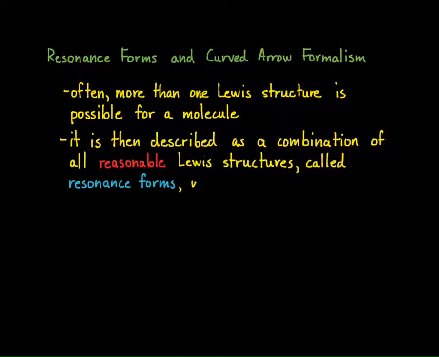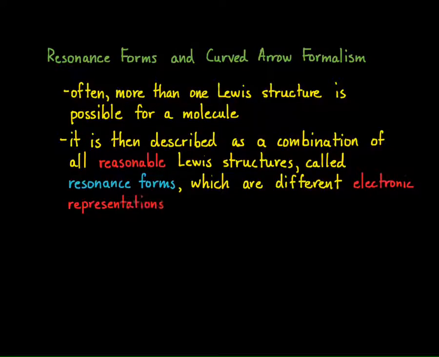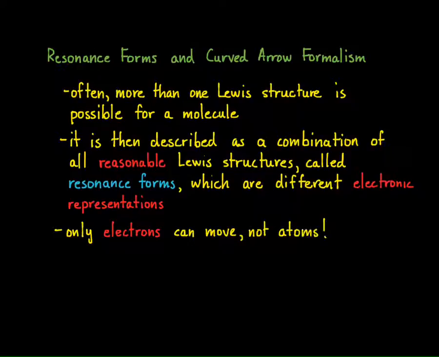And these resonance forms are simply different electronic representations of a particular molecule, right? So notice only electrons and the placement of electrons is different between two resonance forms. A very important concept to understand is that only electrons can move, not atoms.